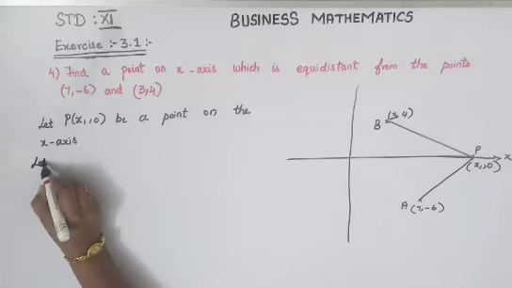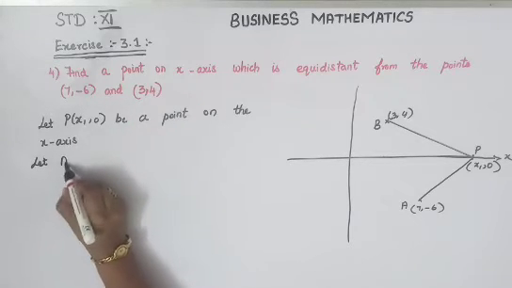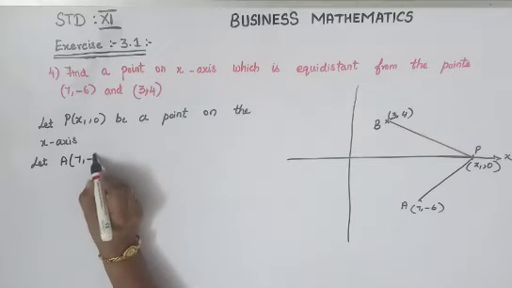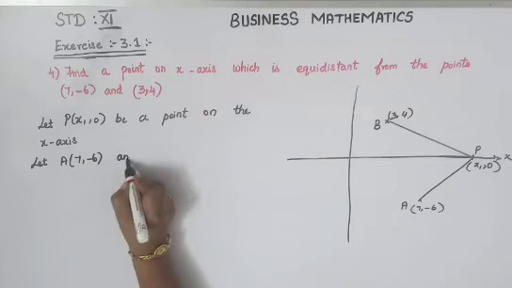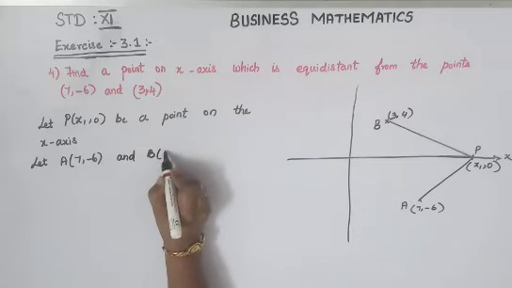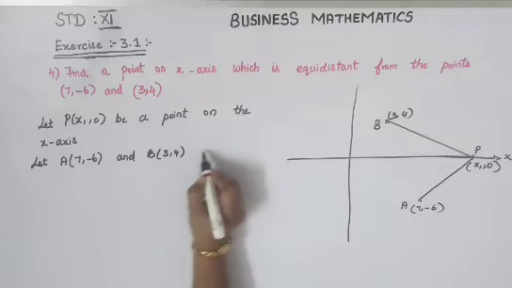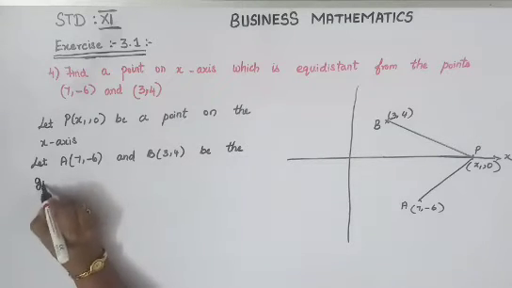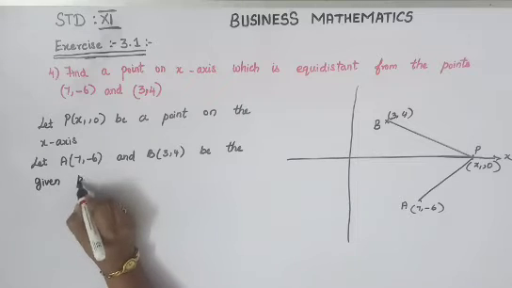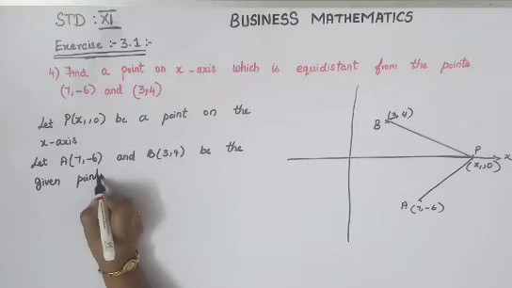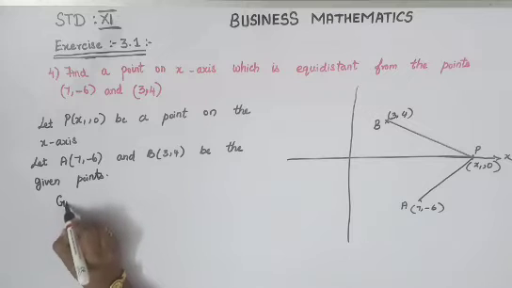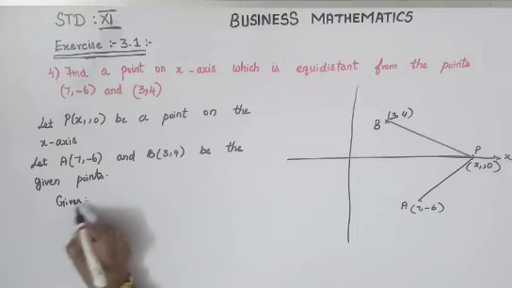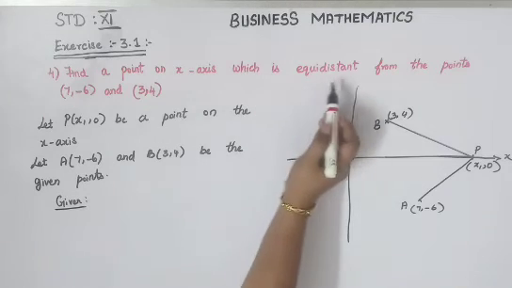So let your two points, this is A of 7, minus 6 and B of 3, 4 be the given points, and P be the point which is equidistant.